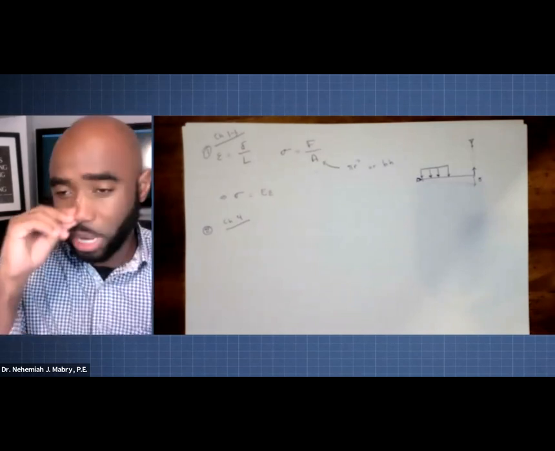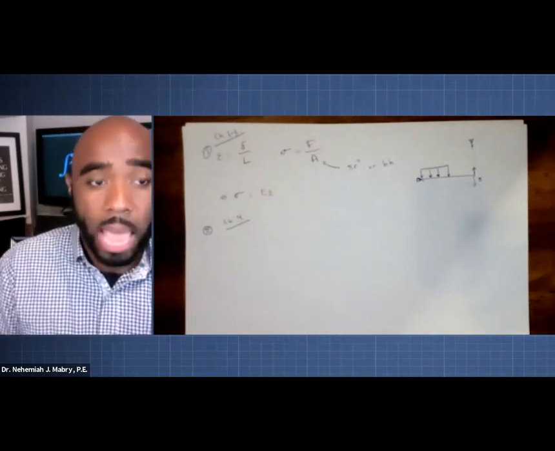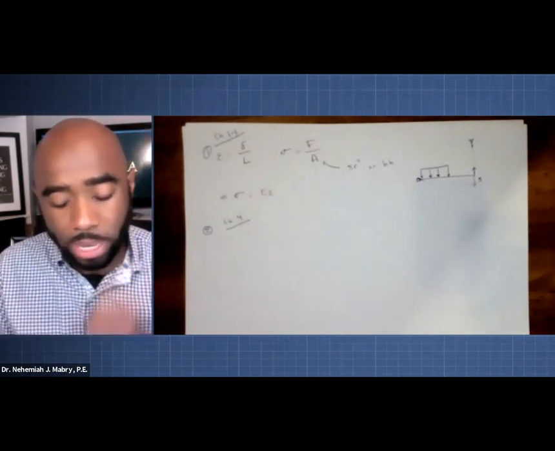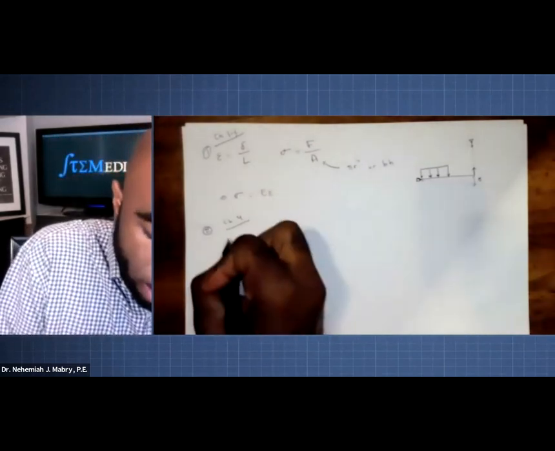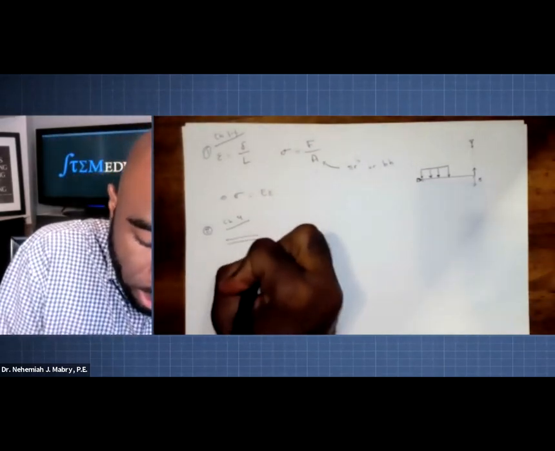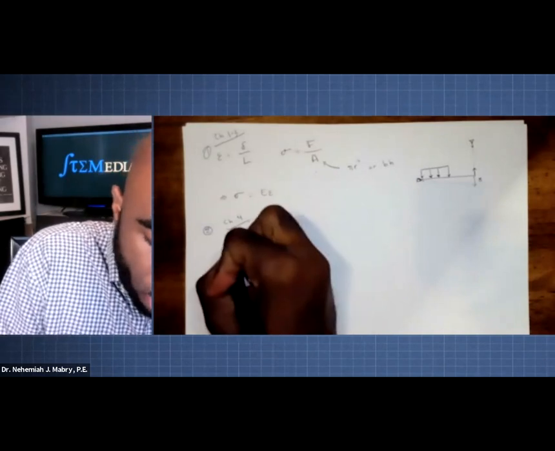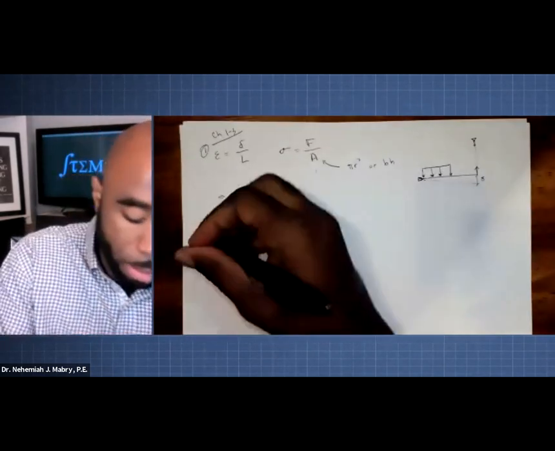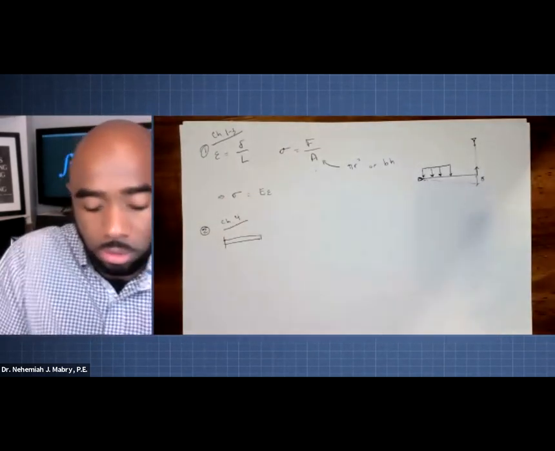Another very simple concept. Axially loaded members ultimately came down to bars that may have been fixed on one side.